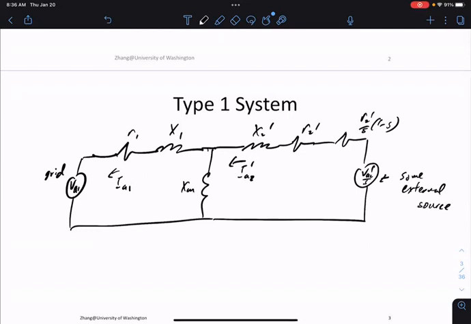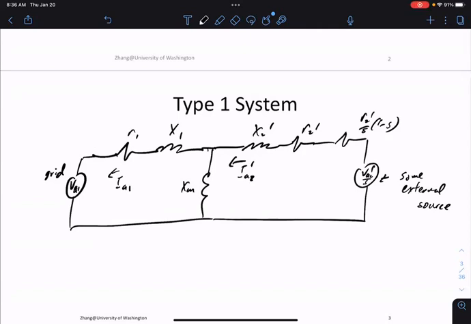Normally this VA2 prime is supported by some external source. Think of it as attaching a battery to the rotor side of the machine. The reason you may want an external source is that it gets multiplied by 1 over S, and 1 over S is a large number because S is small.